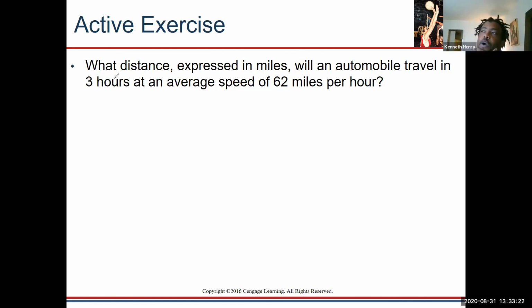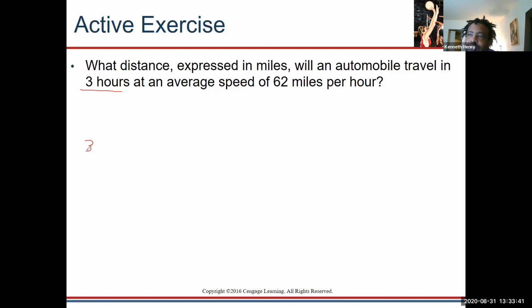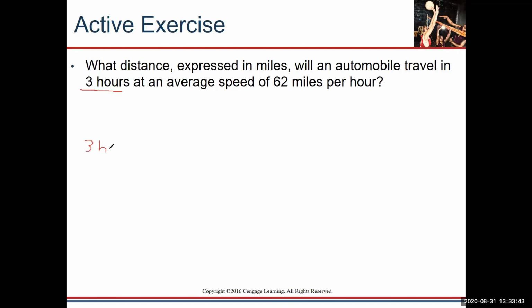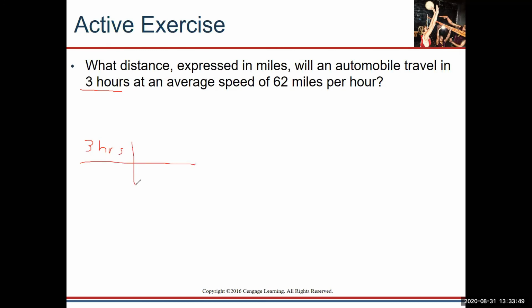It's okay. It says, what distance expressed in miles will an automobile travel in 3 hours at the average speed of 62 miles per hour? So where am I going to start off? What am I given? 3 hours. Okay, so I'm going to start with my 3 hours. Gotcha. Thank you. Oh, that's okay. It's a learning process. We can all be at the same speed, unfortunately.